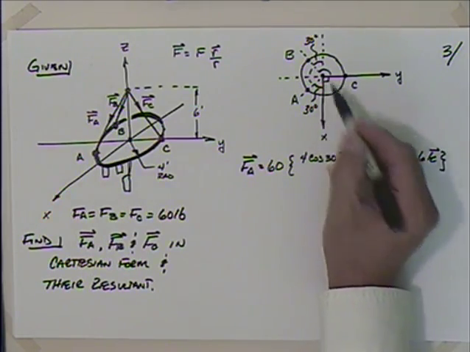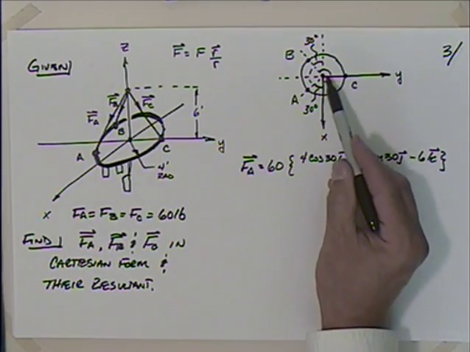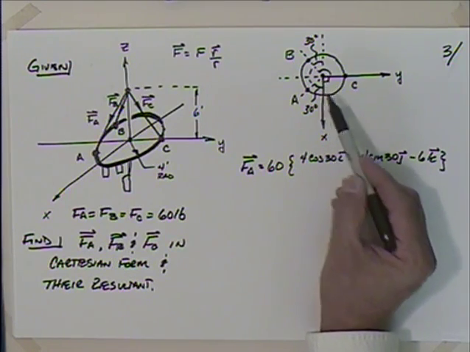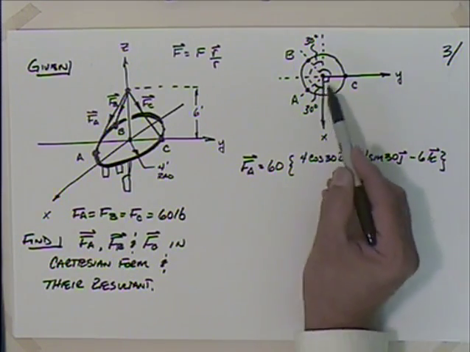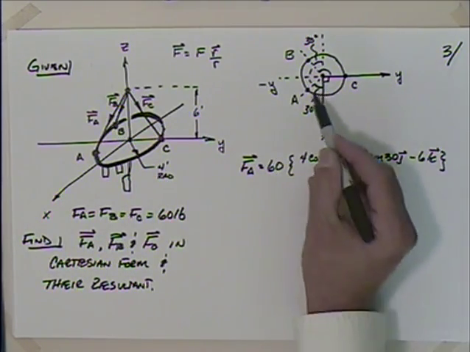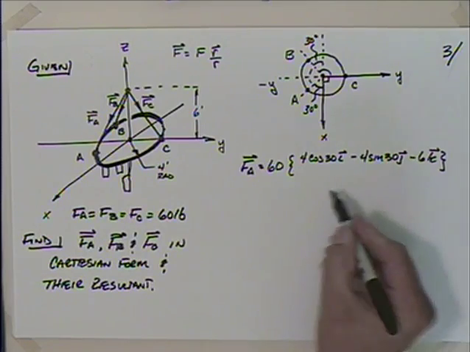And then we sit at this point there, and then how do I get to A? I'm going to have to go out 4, because that's the radius of this thing, 4 times the cosine of 30 in the X. And we're going to have to go backwards, because this is minus Y, 4 sine of 30 in the J. So I think that's okay.